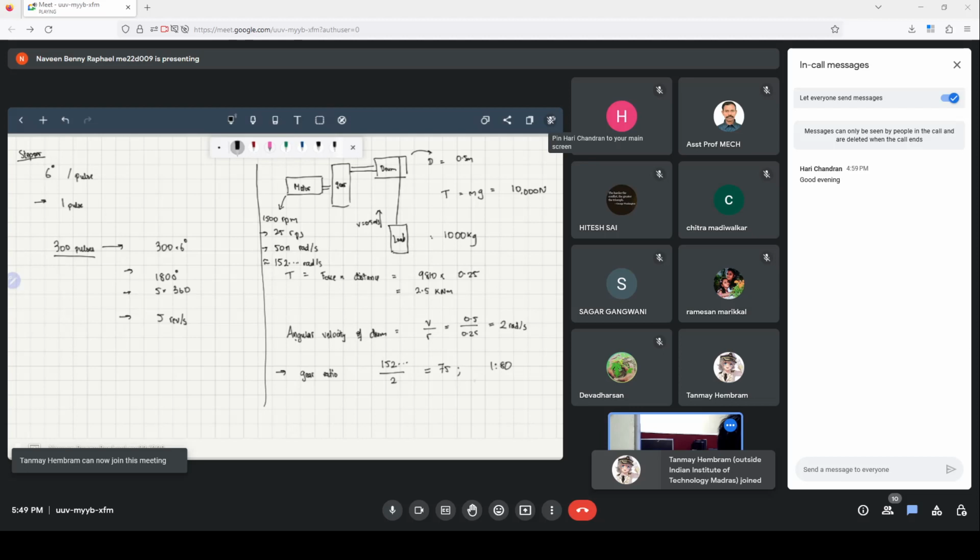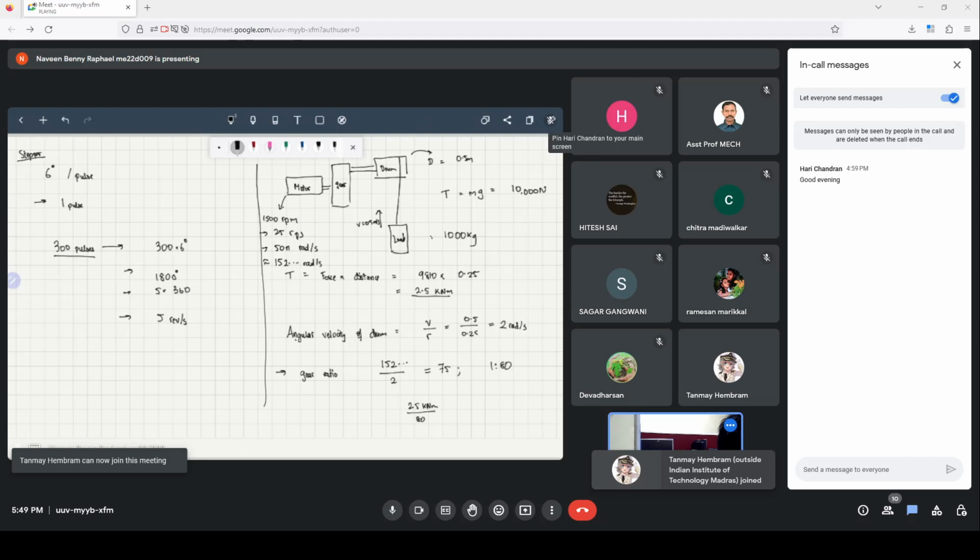Now, since the gear ratio is 1:80, and we know the input torque is 2.5 kilonewton meter, that means the torque required by the motor is 2.5 kilonewton meter divided by 80, because that's what happens because of a gear.